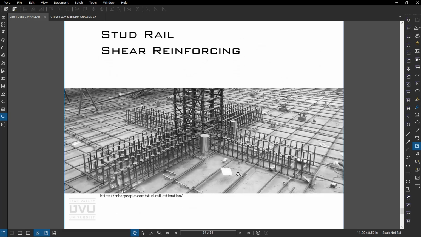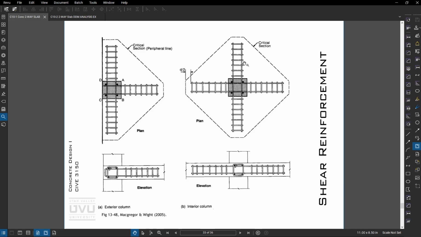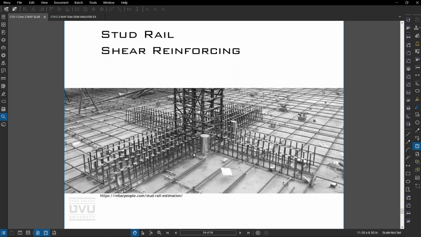Another thing that's very common these days is stud rail, where you basically have a piece of flat steel bar with large headed studs welded onto it, and those do the same thing as these tied bars. These are very common in post-tension slabs, which this is. You can see the mild reinforcing, which is code required to give some kind of load carrying capacity.